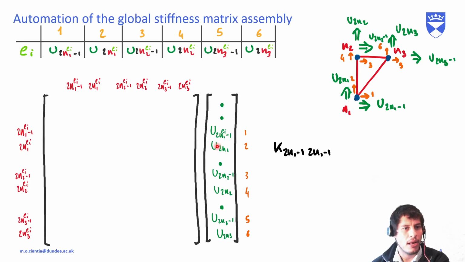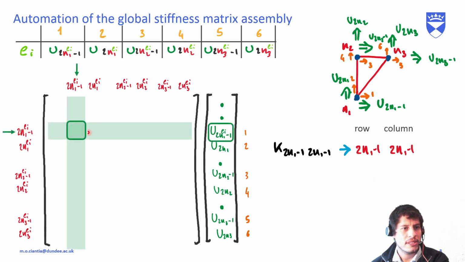So where will it be? Well, it's going to be in row 2n1 minus 1 and column 2n1 minus 1, okay? Well, if that's the case, where is that? We see it. It's going to be in this position here. You remember? So U1 would have a K11 in position 1,1.